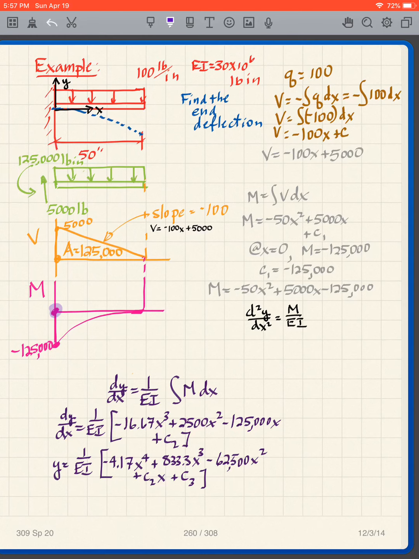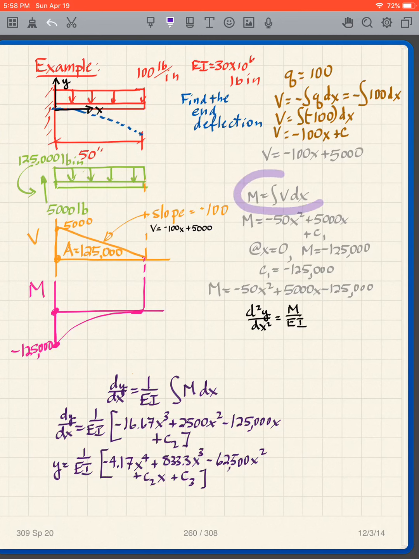To write the equations, I start with this simplest equation, so I write that. I know the slope is negative 100. I know that the intercept is 5,000. So we get that V is equal to minus 100x plus 5,000.